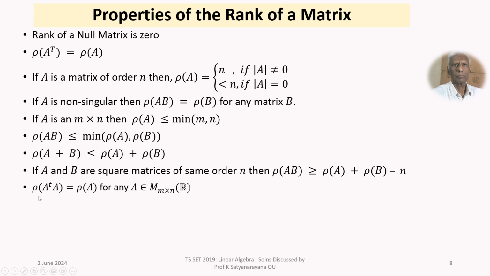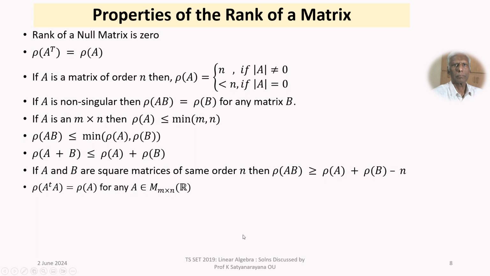And just now we have seen the rank of A is equal to rank of A transpose is equal to rank of A transpose A is equal to rank of AA transpose, they are all equal. And rank of A is equal to rank of A transpose A is true for any A belonging to M by N over R. And if A belongs to M by N over C, this is not going to be true.